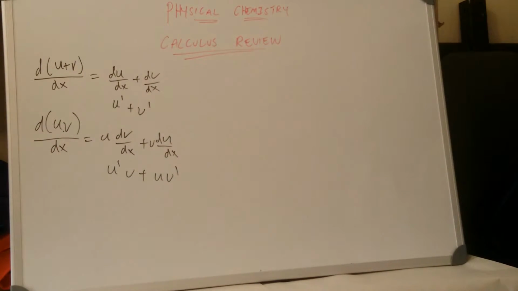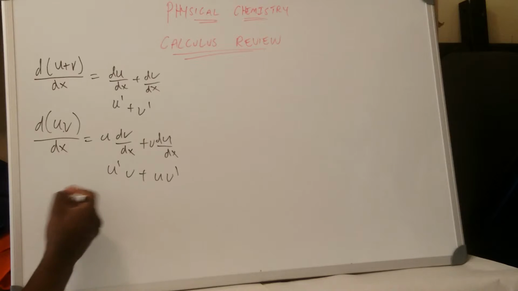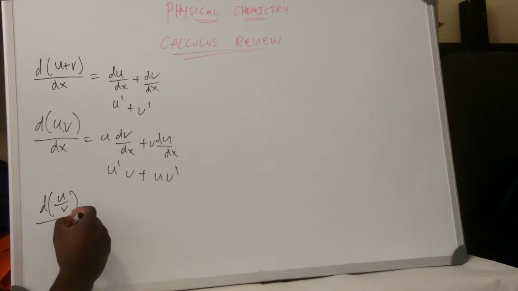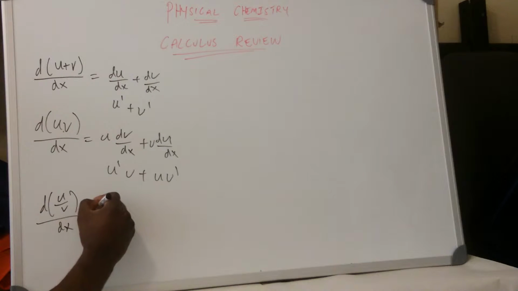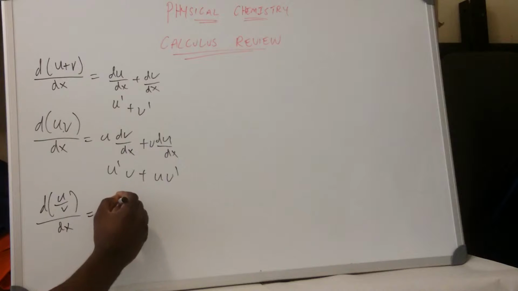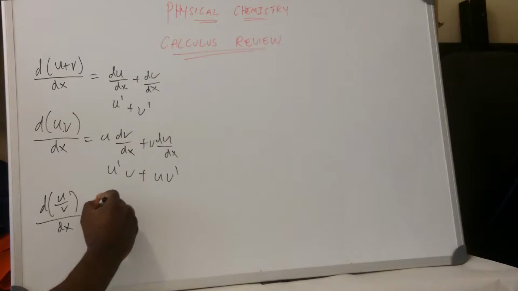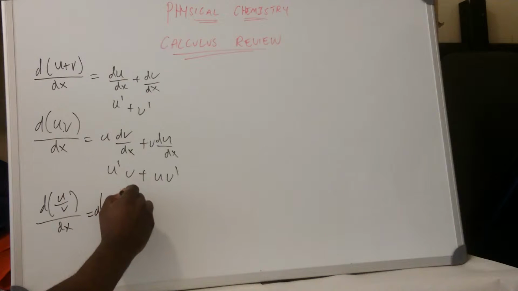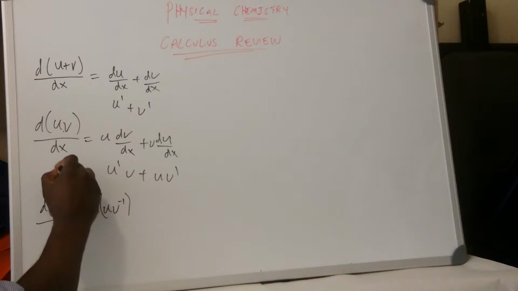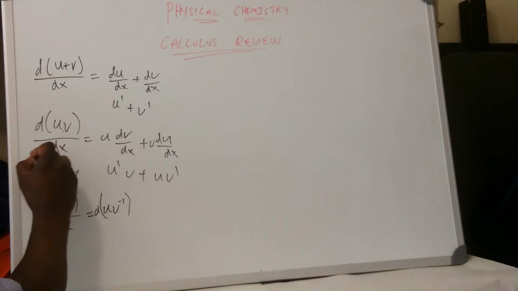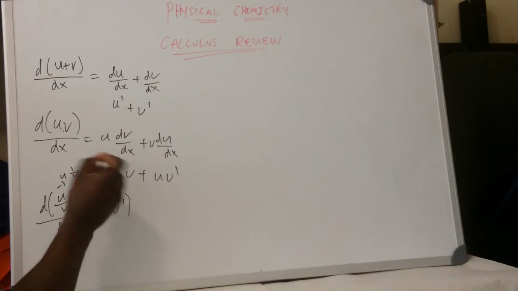So the derivative of a quotient is pretty much computed like this. Let's say we have d/dx of u over v. We can read it as u times v to the negative 1. This can be written as u times 1 over v, and 1 over v is pretty much v to the negative 1.